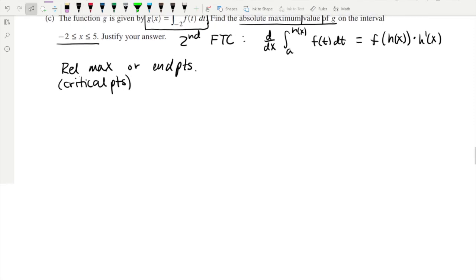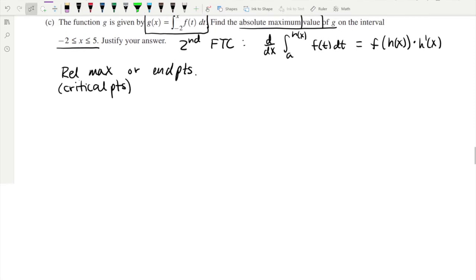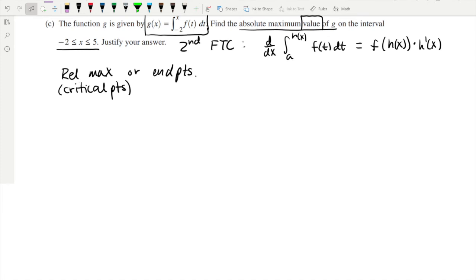So recall that relative maximums happen at critical points, and critical points are where the derivative is 0. So our step 1 is to find where g prime of x is 0.